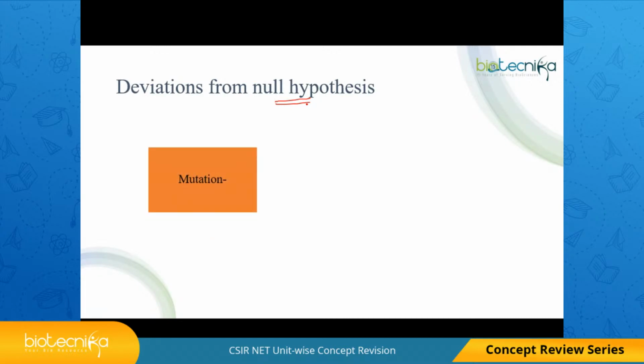So first and foremost, mutation is one reason for deviation. We have already seen. Okay.